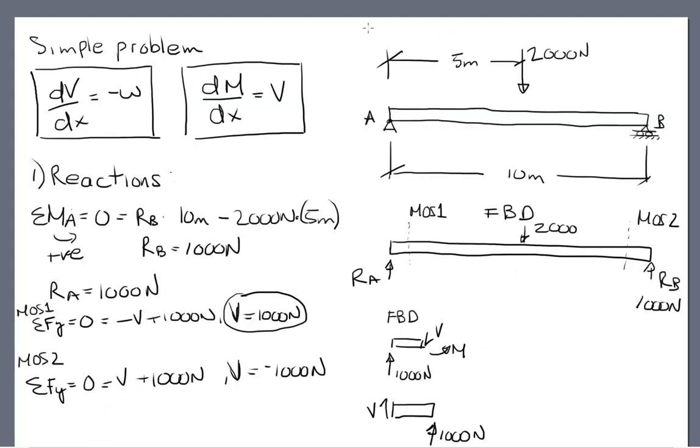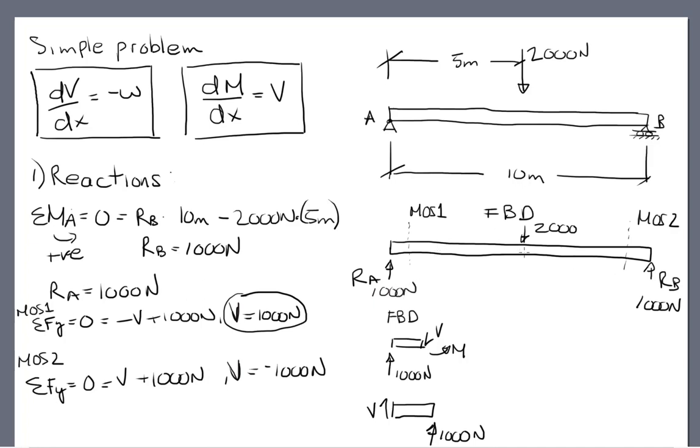Just to summarize, 2,000 newtons down at the midpoint results in a 1,000 newtons reaction on each end. Let me just write 1,000 newtons here.